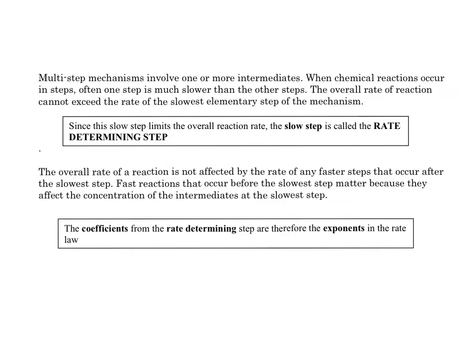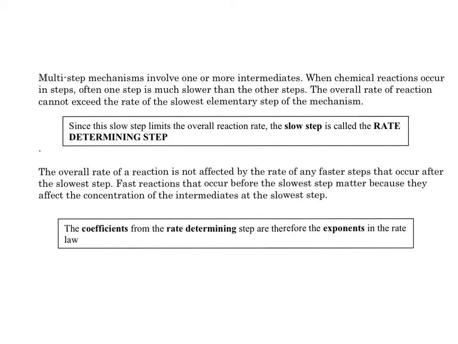Okay, so just to recap here, multi-step mechanisms involve one or more intermediates. When chemical reactions occur in steps, often one step is much slower than the other steps. The overall reaction rate cannot exceed the rate of the slowest elementary step of the mechanism. Since the slow step limits the overall reaction rate, the slow step is called the rate determining step.